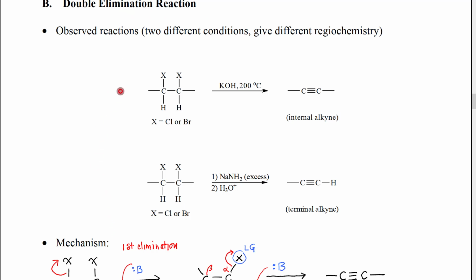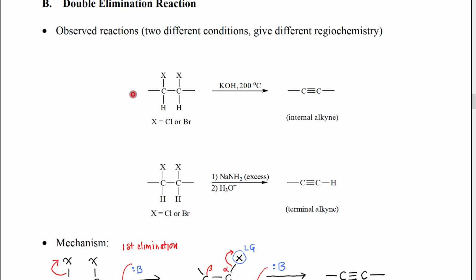There's 2 different observed reactions for this. They use basically similar or identical reactants. However, the reagents are a little bit different, and the outcome is a little bit different.